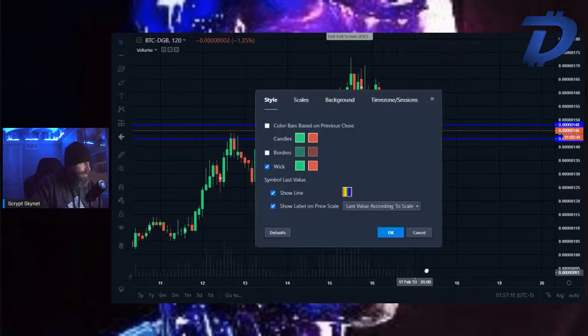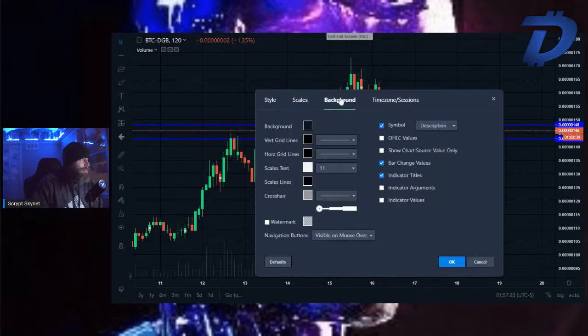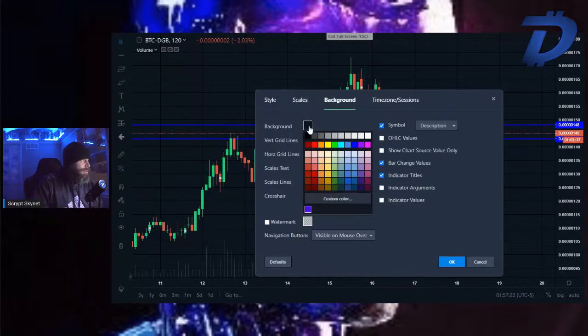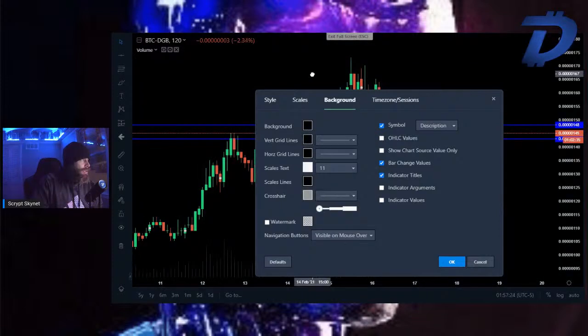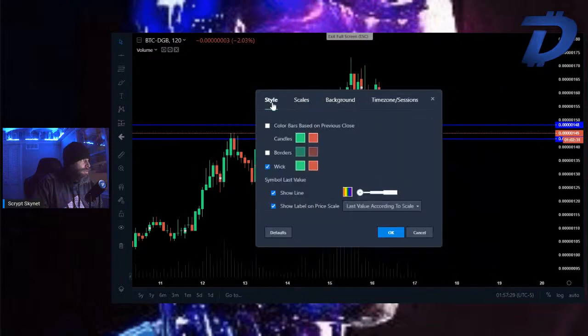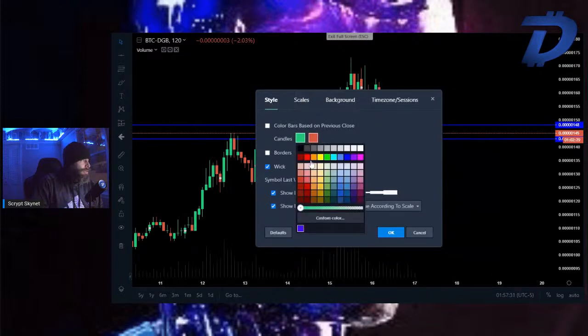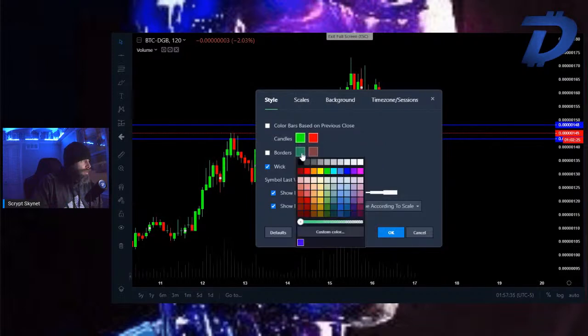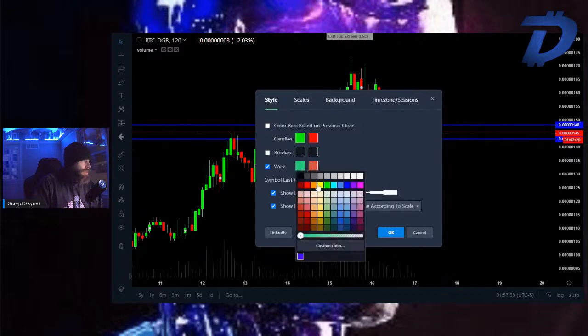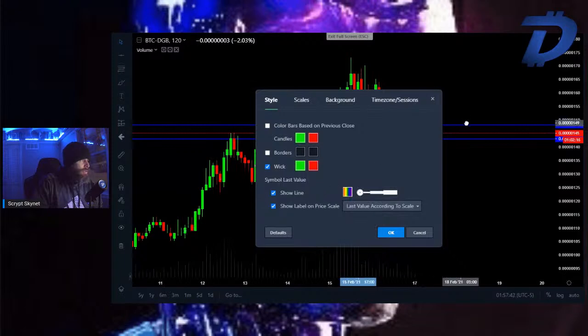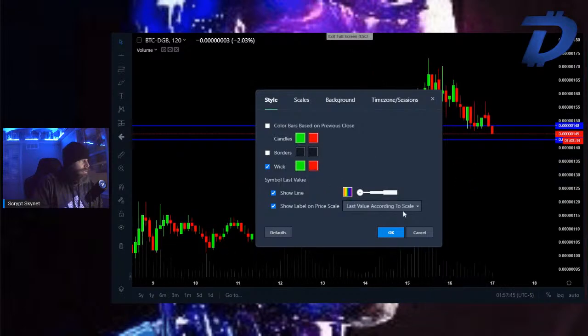This is what I'm saying, guys, this background just doesn't look right. Oh, much better. Green, red, borders black, green and red. Okay, thank you.